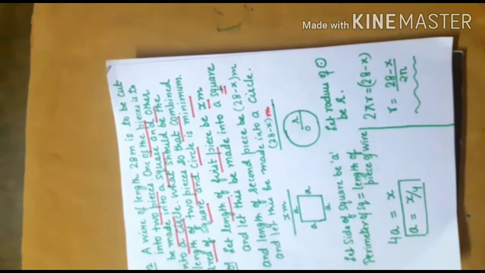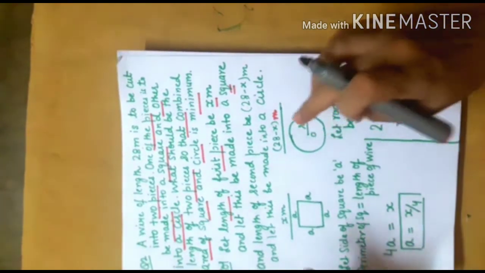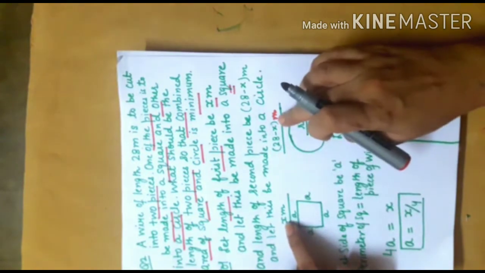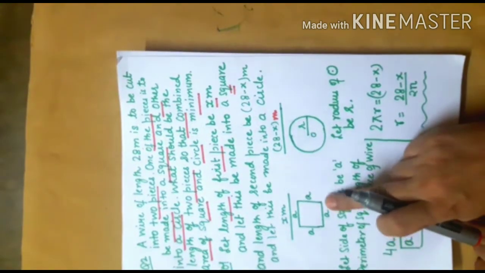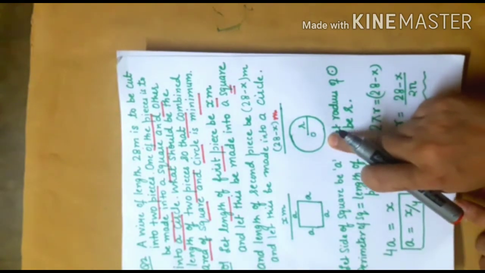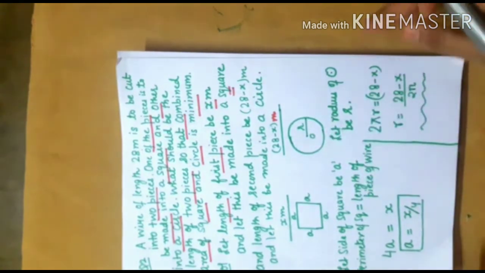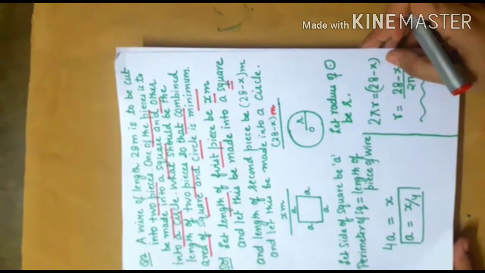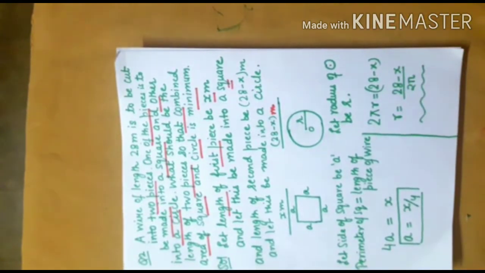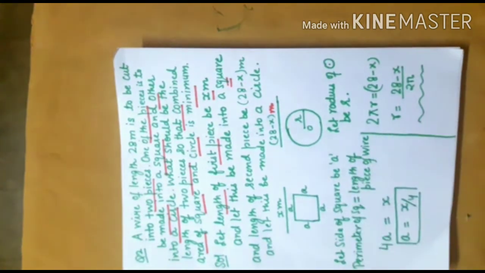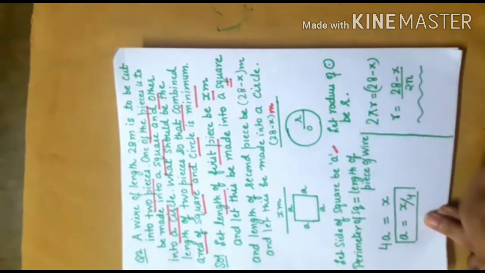Now the question is, what should be the length of the two pieces so that the combined area of the square and the circle is minimum? First we have to find the area of the square. Area of square is side squared. So first we need to know the side of the square. Let the side of the square be a.